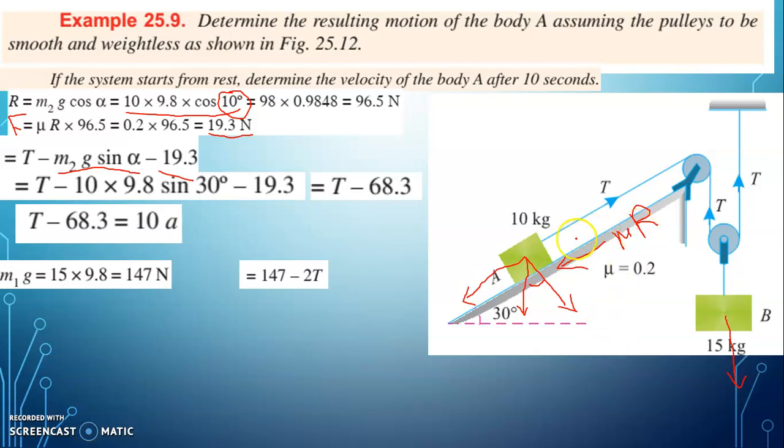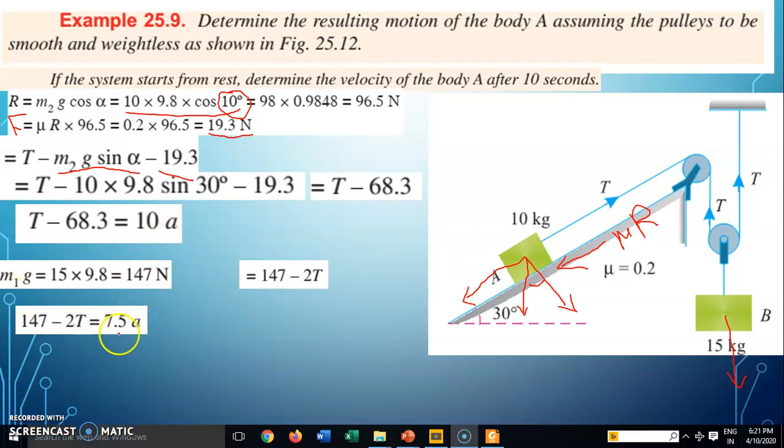And while dealing with the acceleration, if the body is moved by 1 meter, that 1 meter will be shared by these two ropes. So this block will be moving downward by only 0.5 meter. So whatever be the acceleration of this block will be divided by 2 to get the acceleration of the block B. If we substitute the acceleration of block A as small letter a, we will be substituting the acceleration of block B as a by 2.